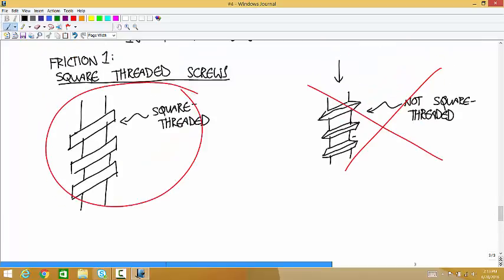If there's a force acting on the screw this way, that force is pushing, like you can think of that thread as riding along a threaded path like this. Follow what I mean?